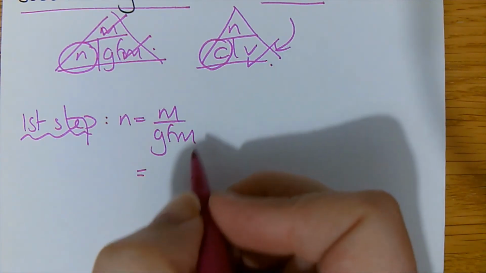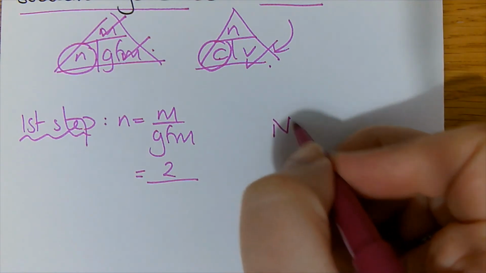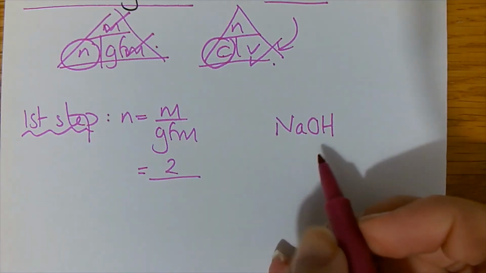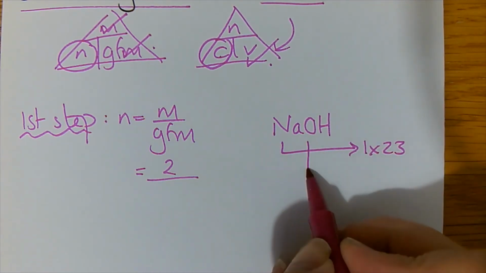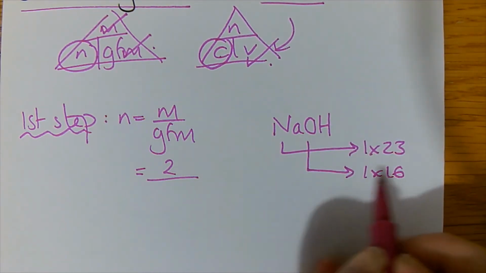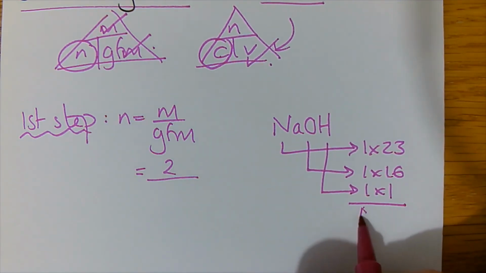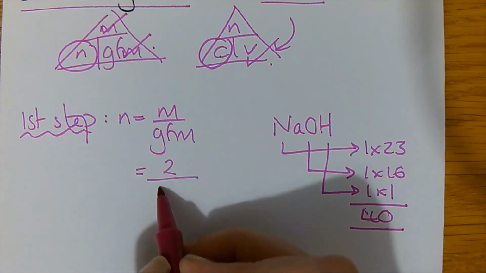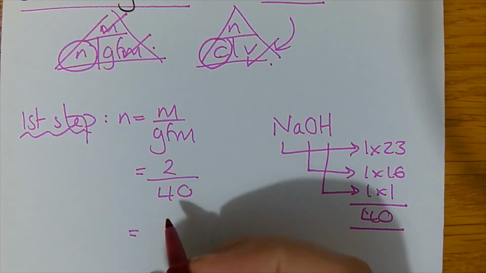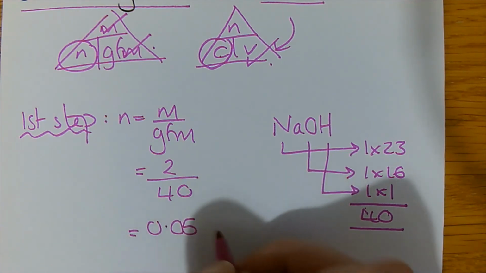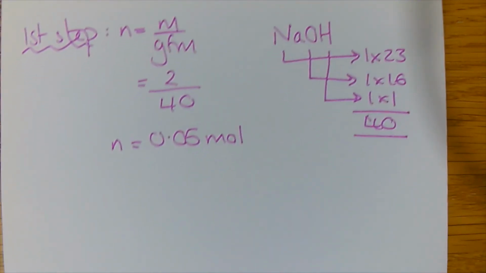The mass that we were given in the question was 2 grams, and our gram formula mass of sodium hydroxide is 40. 2 divided by 40 is 0.05. So that's how many moles we have. And that's our first step done.